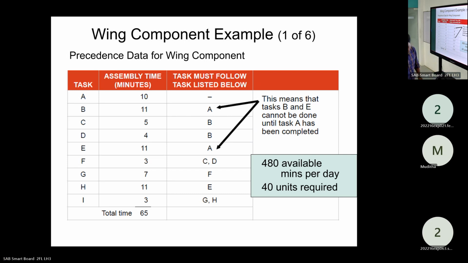Cycle time equals production time available divided by output requirement for the same period. 480 minutes and 40 units.